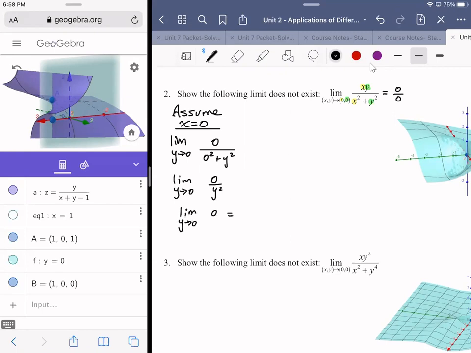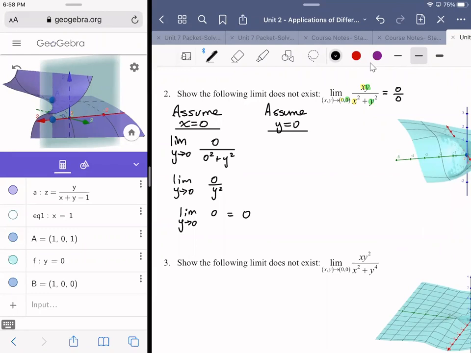Now, if we're trying to show that the limit does not exist, then our goal here should be to try to get something other than 0 for another calculation. So we can assume that y is equal to 0. Not because zeros are nice numbers, but because we need to adhere, at least in the beginning, to the values that they're providing us, right? And so the limiting constants are 0.